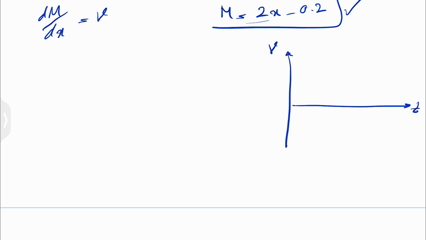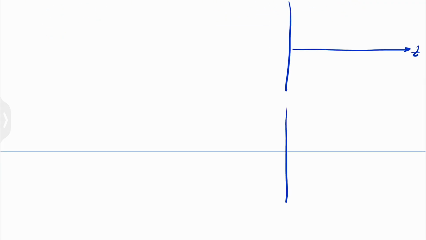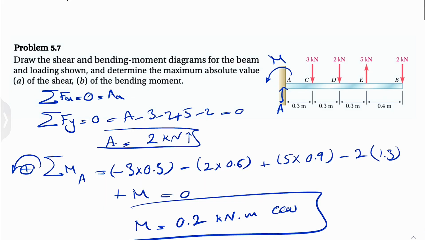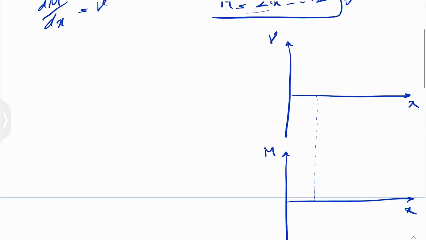So that's going to be the shear force, and we're going to have the bending moment. This is x. So we did from A to C, which we moved in the x direction 0.3. So I'm just going to mark 0.3 meter at this point.